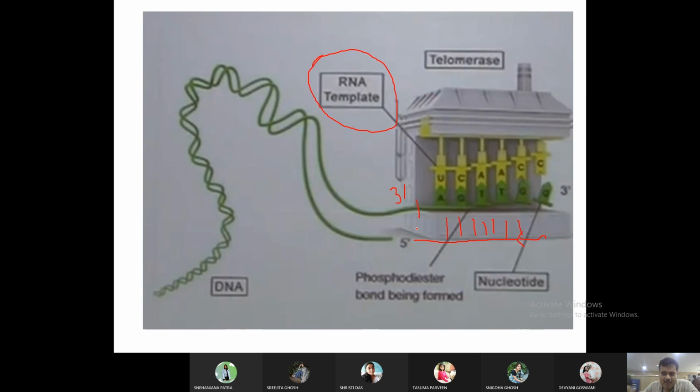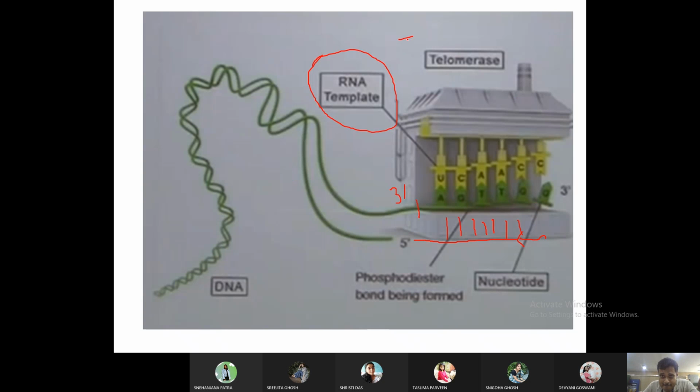So it can keep on extending, but that also creates a problem. We have to stop this, otherwise it will keep on extending the end. Correct or not? Yes, sir. So that triple stranded, four stranded DNA comes into existence. What was the sequence of our telomere?